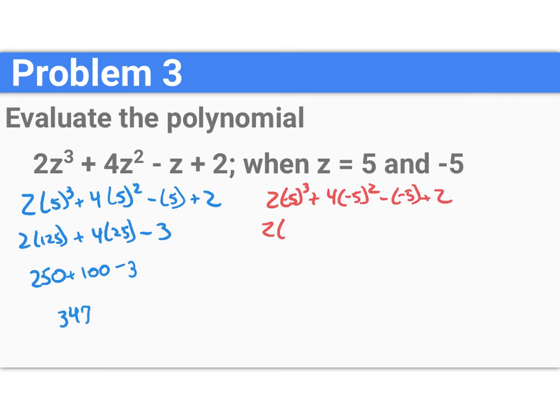All right, so negative 5 cubed is negative 125, so 2 times that is negative 250, plus 4 times 25, which is 100, plus 5 plus 2. So 100 plus 7 plus negative 250. So negative 250 plus 107 is what? Negative 143.